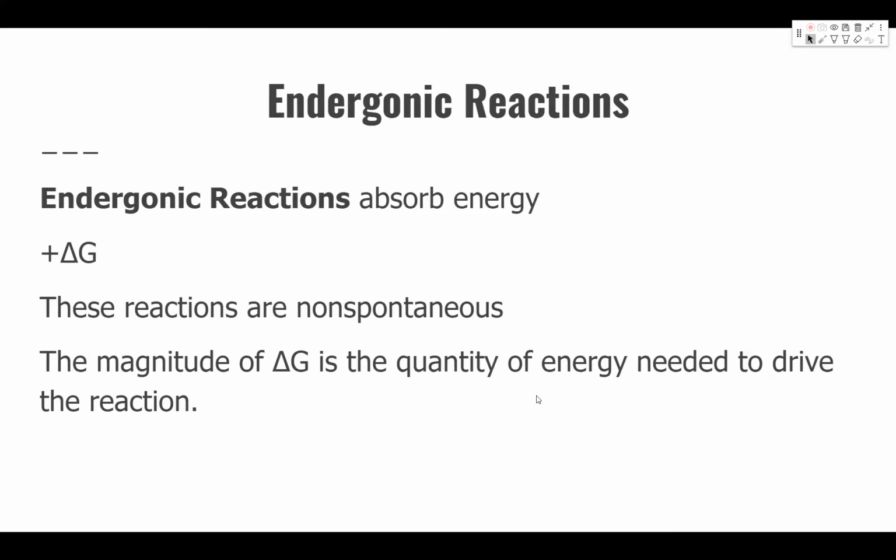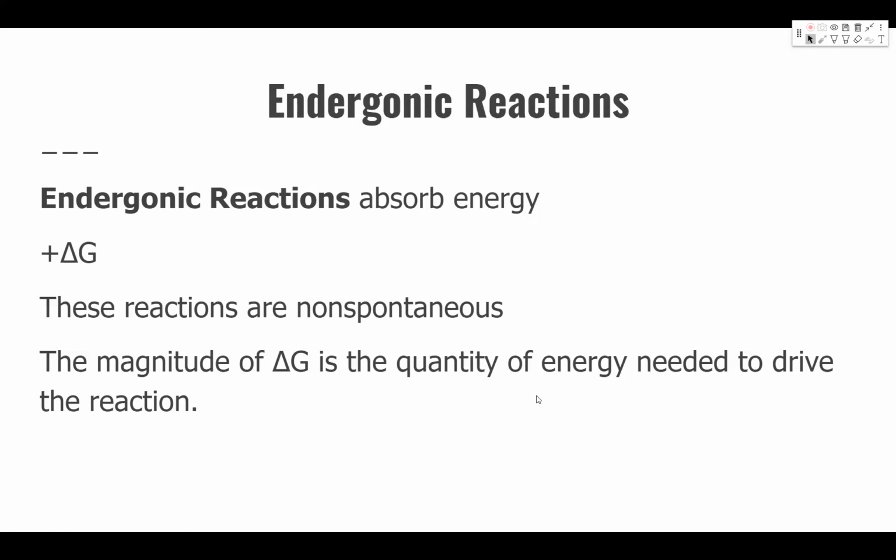That was exergonic reactions. The opposite of an exergonic reaction is an endergonic reaction. N in. So exergonic, endergonic. Endergonic reactions absorb energy. They have a positive delta G. They have a positive change in free energy as a reaction. These are non-spontaneous. You need to put energy into them to get them started.